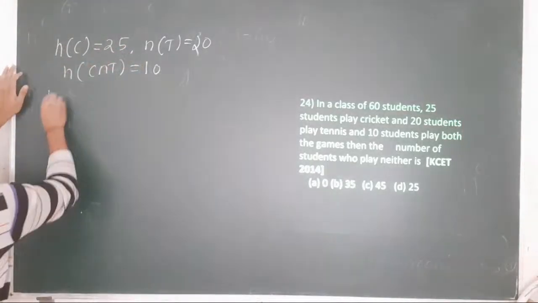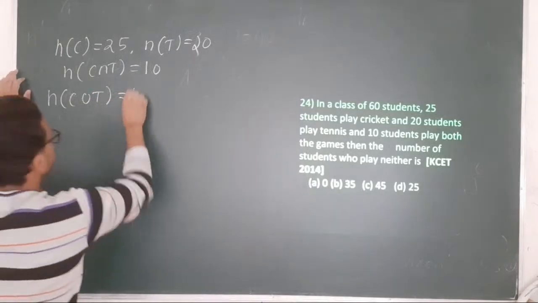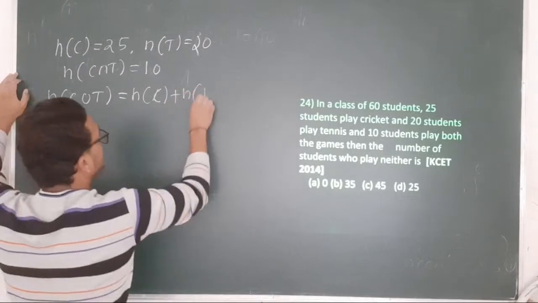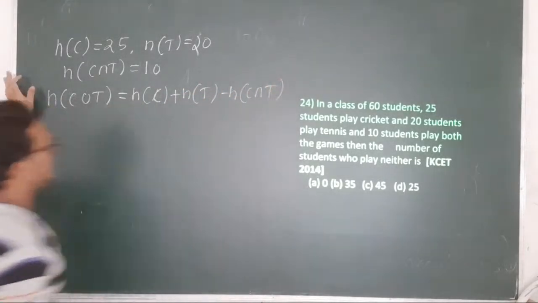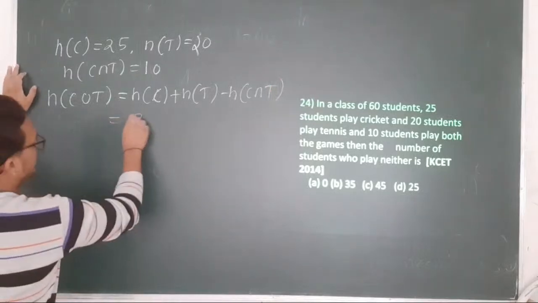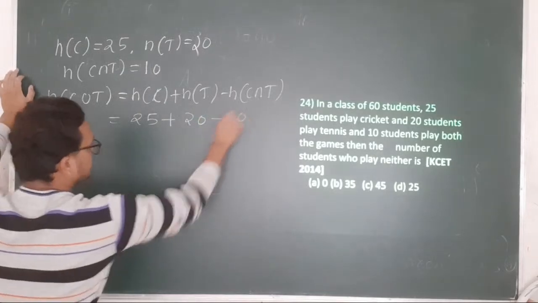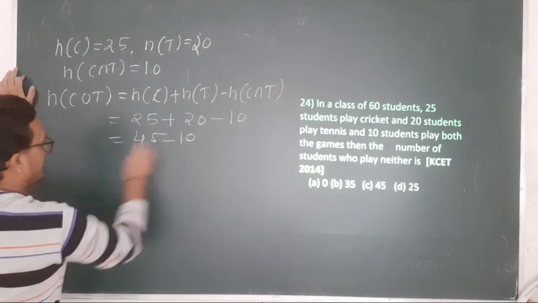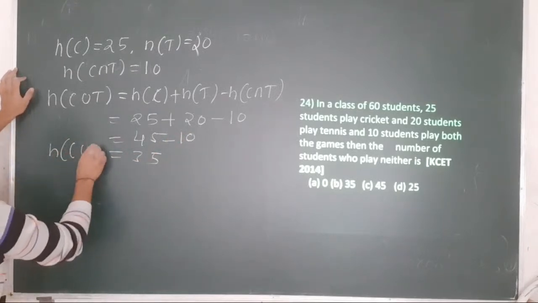I think we can find N of C union T. Formula: N of C plus N of T minus N of C intersection T. N of C is 25 plus 20 minus 10. This is 45 minus 10. Answer is 35.